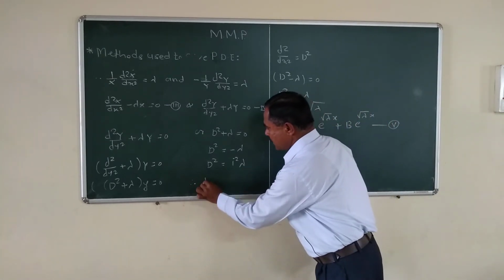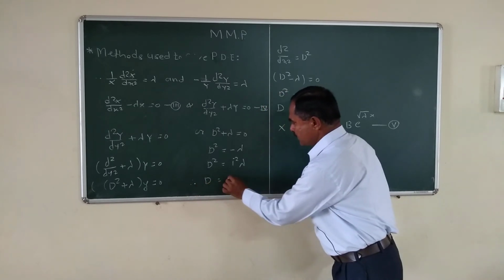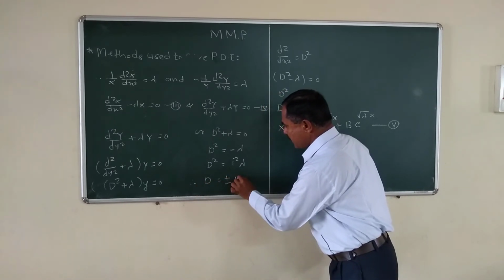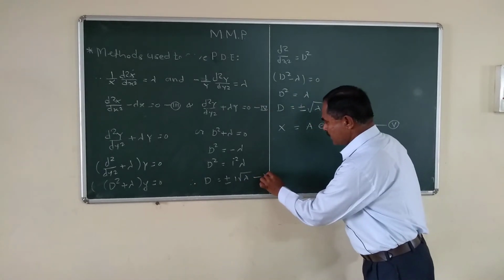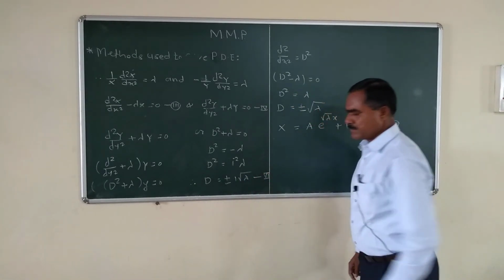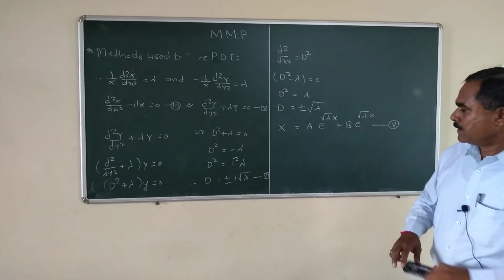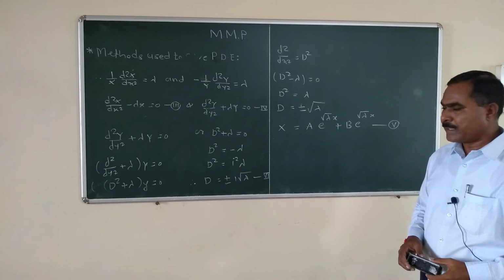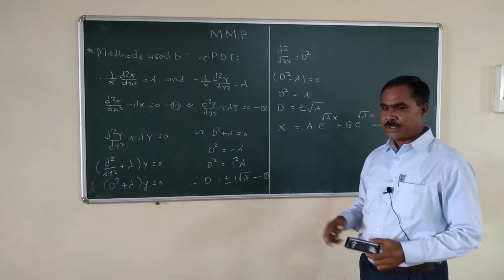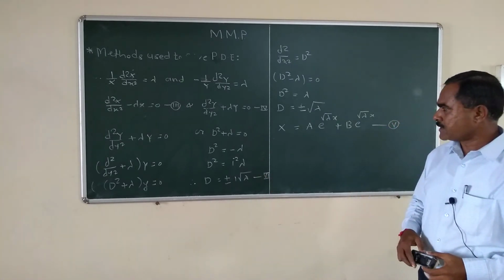Therefore D equal to plus minus i root lambda, equation number 6. Then we write the general solution in the form of Y, and it is imaginary, so we can take cos and sine functions.